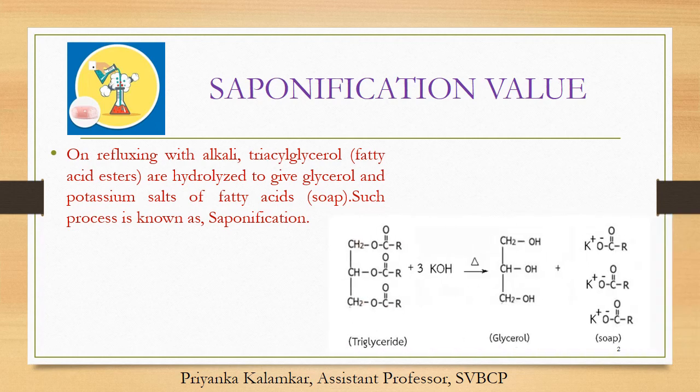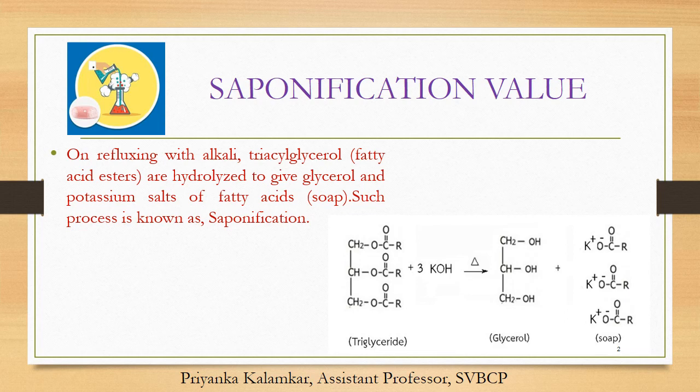So this is the reaction for saponification, where you can see the triglyceride molecule of the fat or oil when it reacts with KOH. For every fatty acid chain you need one molecule of KOH. In the triglyceride molecule you have the glycerol moiety, and three fatty acid chains attached to it. So for each fatty acid you need one molecule of KOH.